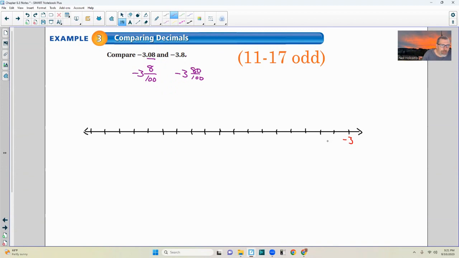And let's go in tenths. We can't go in hundredths. We're not going to make 80 marks. Okay, so we're going to go in tenths. So this is -3.1, -3.2, -3.3, and so on.